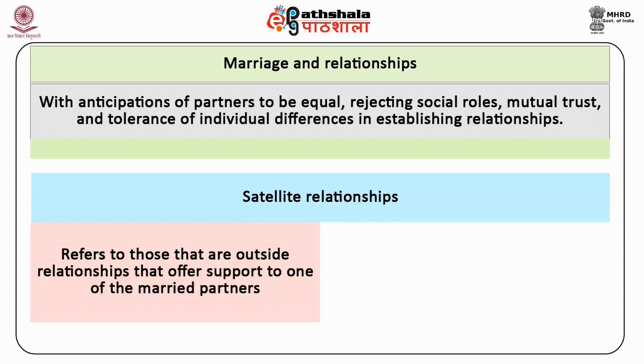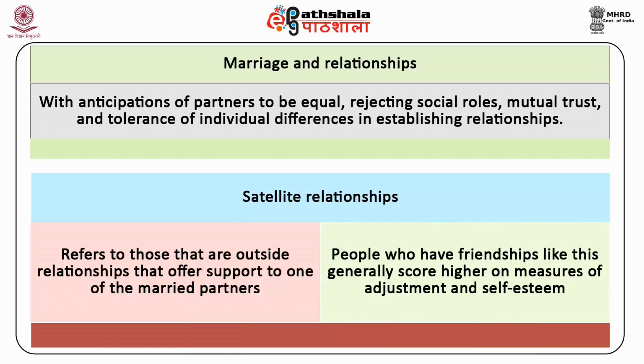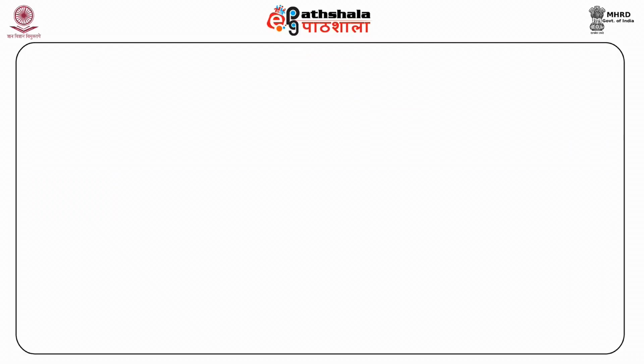Understandably, such relationships can become sexual, intimidating the original bond. But humanists would say the individual must decide the value of these relationships and what is vital to the person in maintaining them. Even friendships should be regarded with congruence, unconditional acceptance, and empathy. People who have friendships like this generally score higher on measures of adjustment and self esteem.